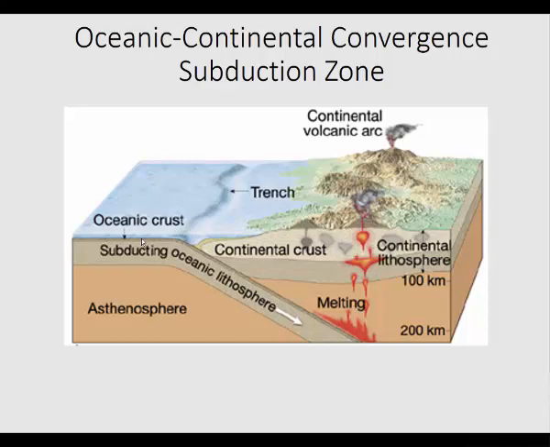And so when the oceanic crust butts up against the continental crust, the bigger, thicker continental crust will end up sitting on top of the oceanic crust, and that thinner, denser oceanic crust will end up sliding below it. And it will eventually get pulled down into the asthenosphere, where it will be recycled into the material of the Earth.